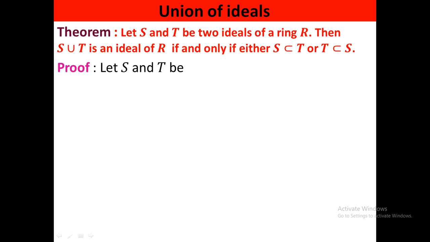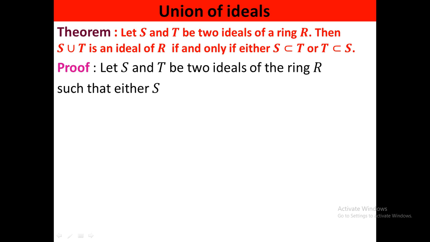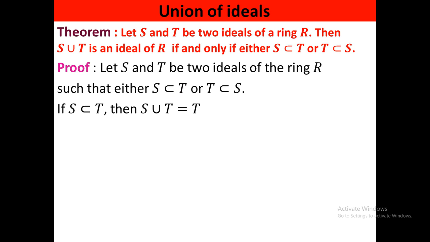Okay. Let us consider S and T be two ideals of the ring R such that either S is a subset of T or T is a subset of S. If S is a subset of T, then what will be S union T? Then S union T will be T, because we know that if you consider the union of two sets such that one is a subset of the other, the result will be the superset.